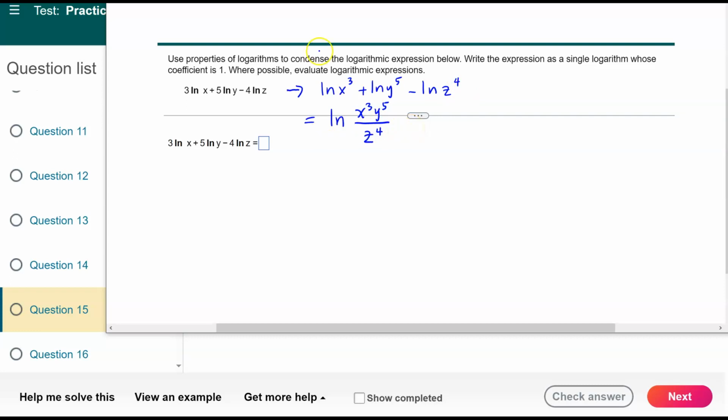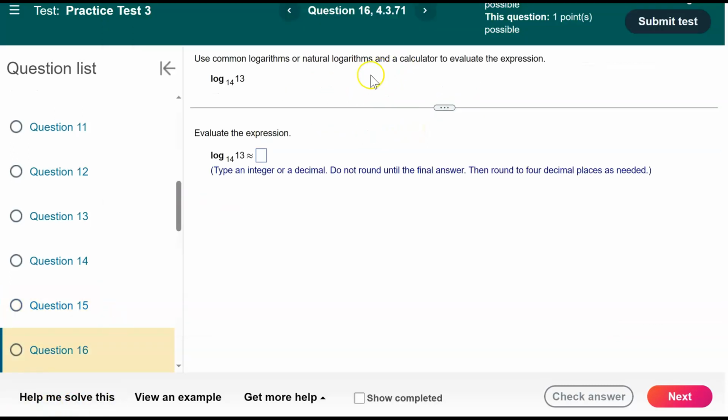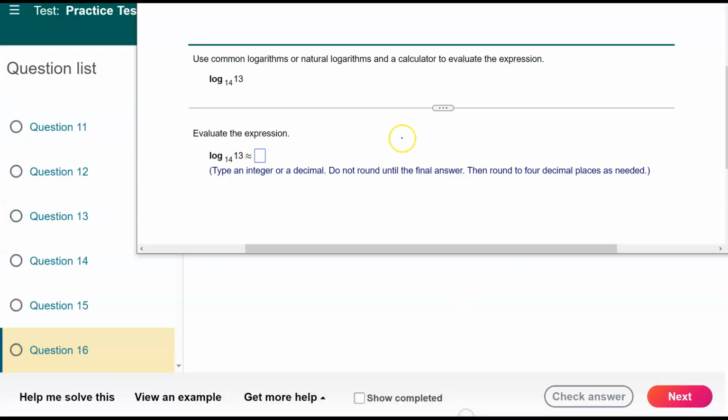That's the condensed form. So in the next example here, you are asked to use common logarithms or natural logarithms in a calculator to evaluate the expression. So you are asked to evaluate log of 13 base 14. Sometimes we will be asked to set up, so it's important that you know how to use your change of base formula.